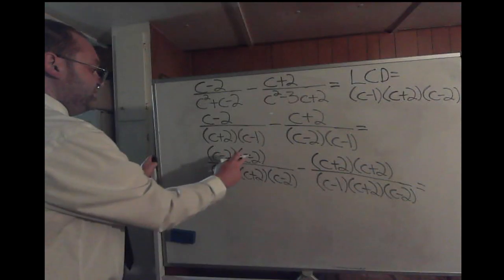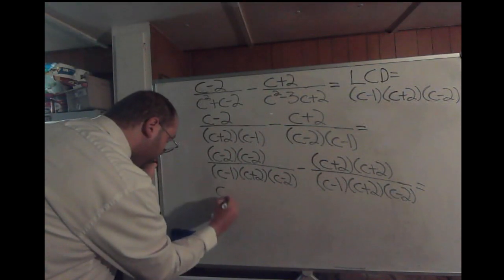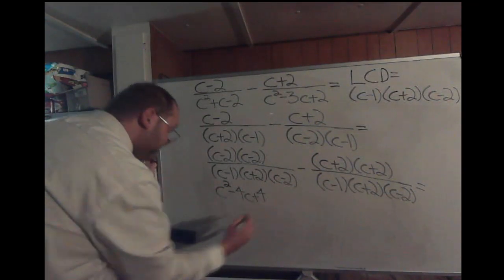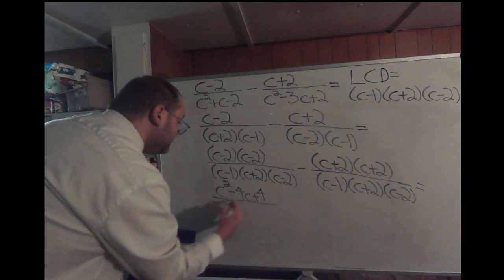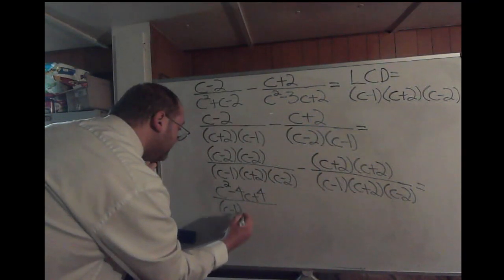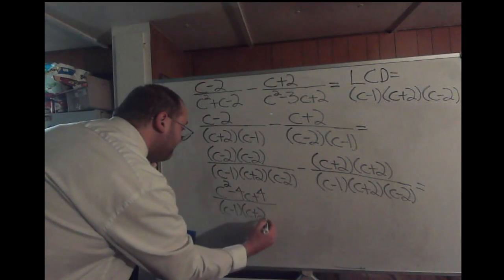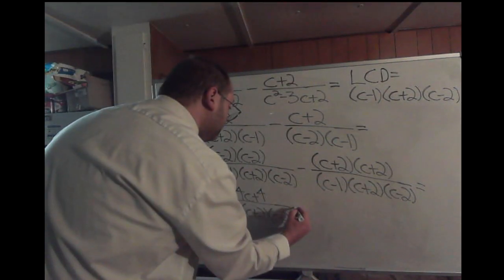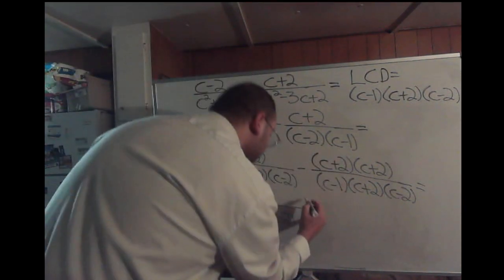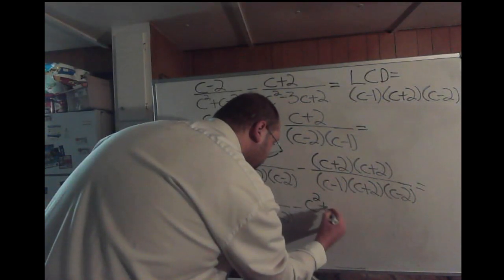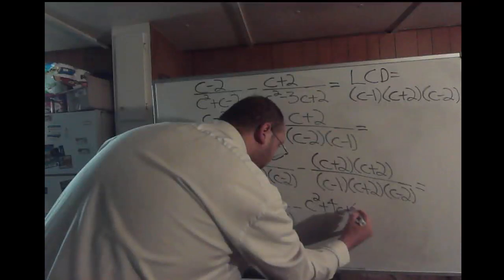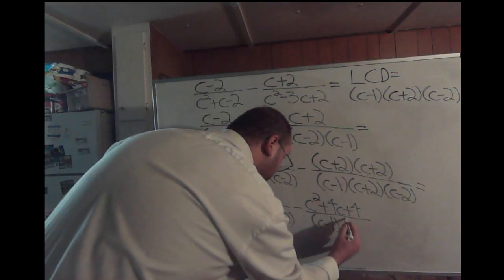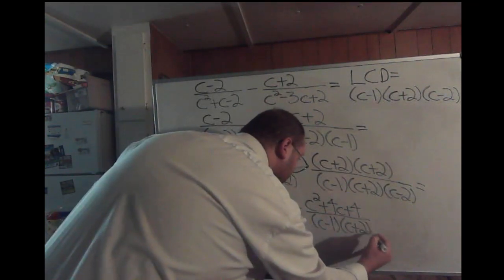Alright, so the first one, you would get c squared minus 4c plus 4 all over c minus 1 times c plus 2 times c minus 2, minus c squared plus 4c plus 4 all over c minus 1 times c plus 2 times c minus 2.